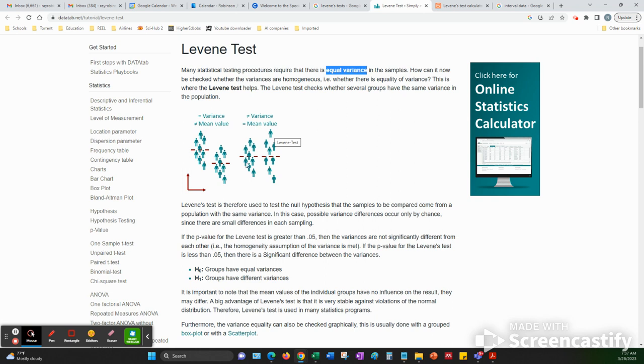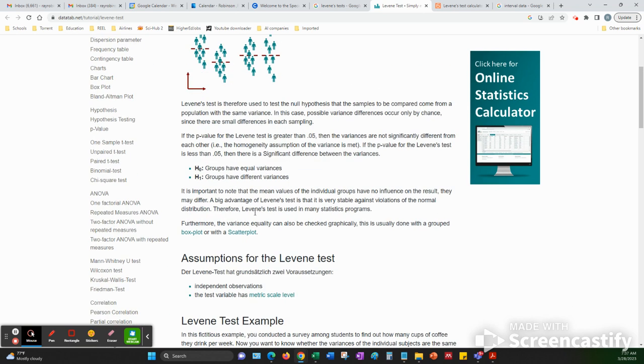So spreadness, how far they're spread apart here compared to how far they're spread apart here. So these are the means, these dashed lines. You can see that these are equally spread apart. Really, they're a copy and paste. So the variance is the same, but the means are different. Here the variances are different. They're spread apart more. And the means are the same.